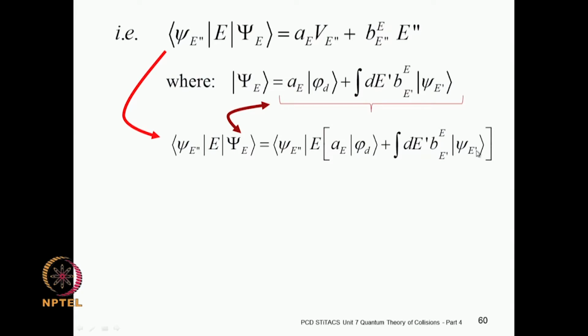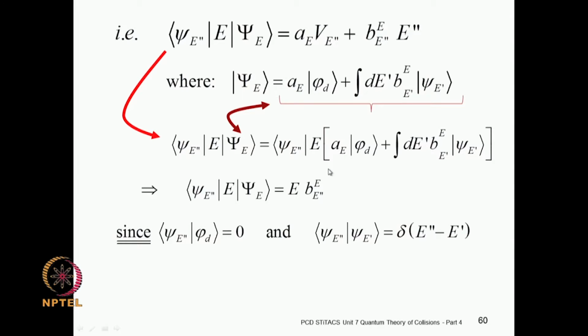So, now I get two terms, and from the first term E and A_E are scalars, they will come out, and you will get a projection of the continuum state on the discrete, but they are orthogonal. So, that will vanish, right. And then from here you will get the scalar product of these two, which will give you a Dirac delta.